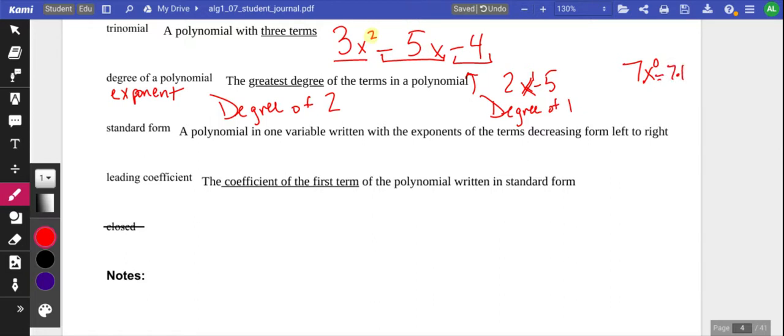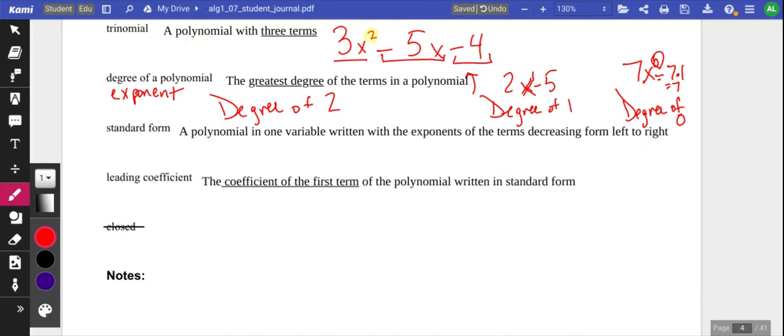So this is like 7 times 1, which is 7. So my degree over here is going to be 0. Okay, that one's kind of tricky. You don't see that too much until you start to get into algebra 2 and all this complicated stuff. For me, as long as you know what I'm asking for when I say degree of a polynomial, that's really what I want.